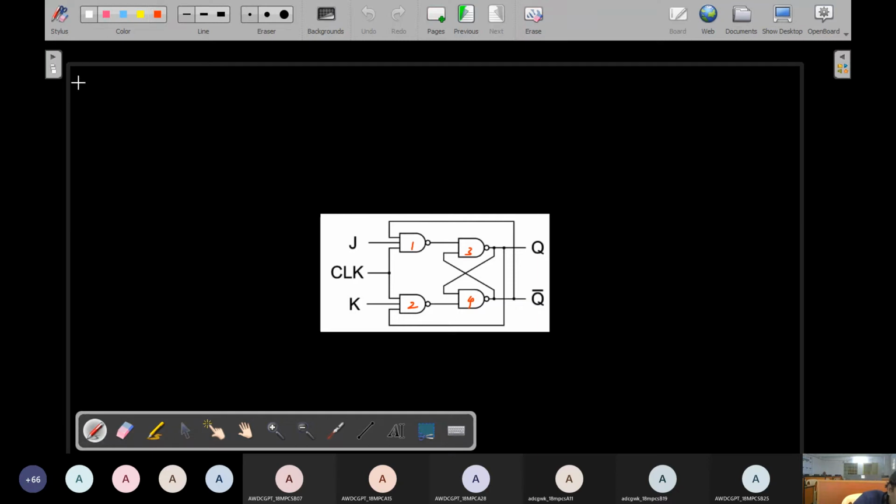This is called the JK flip flop block diagram. In this block diagram we can see J, K and the clock pulse.